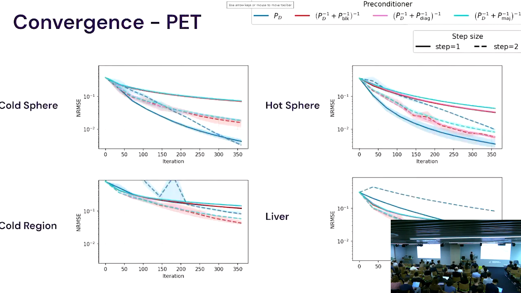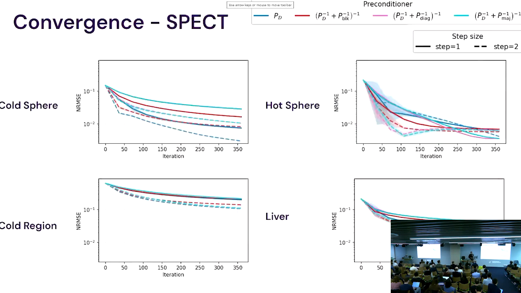And then if we look at the convergence over iterations, on the bottom it says iterations. There were 36 subsets, so this is across 10 epochs. I do apologize, I know that's a bit confusing. What you can see is that the EM type prior, without completely ignoring the preconditioner, actually did much better in the cold sphere and the hot sphere, which was interesting and slightly disappointing. But in the cold region, it did really seem to struggle for PET.